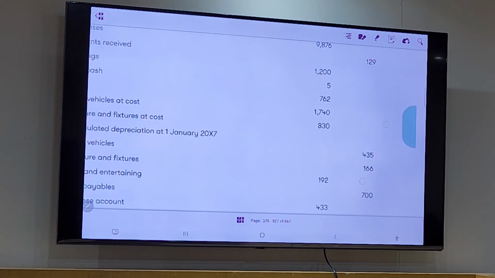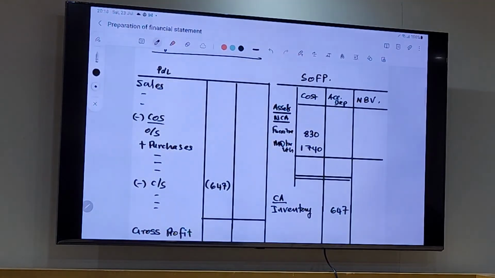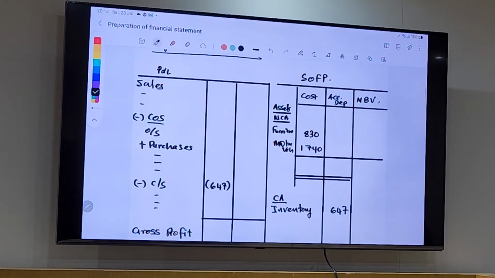Current year depreciation charge how much? 435. So what will be the answer here? 435 plus 435, 870. All of you understood the answer?